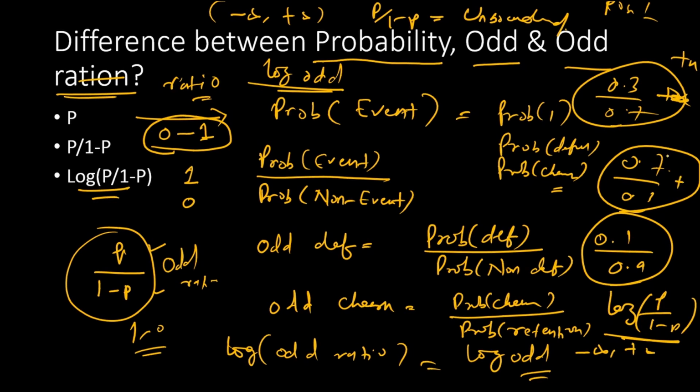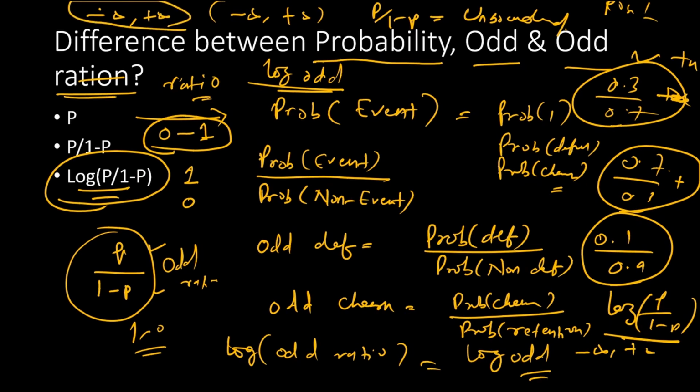When the numerator is more, the logarithm of that value is going to be positive, whereas when the numerator is less, the logarithm of that is going to be negative. Hence log of odds is used so that the range of the dependent variable can be from minus infinity to plus infinity.